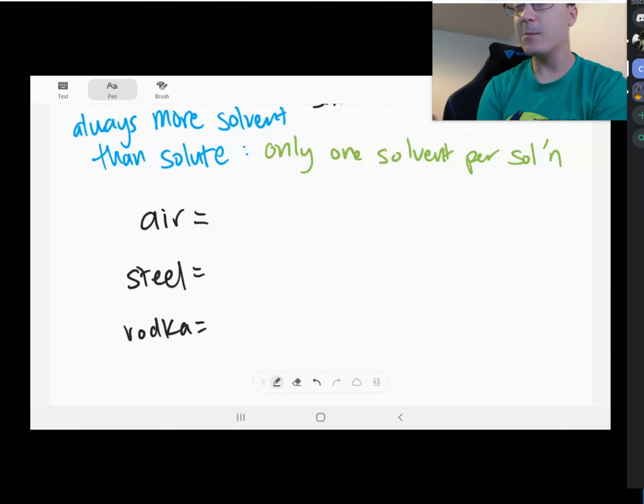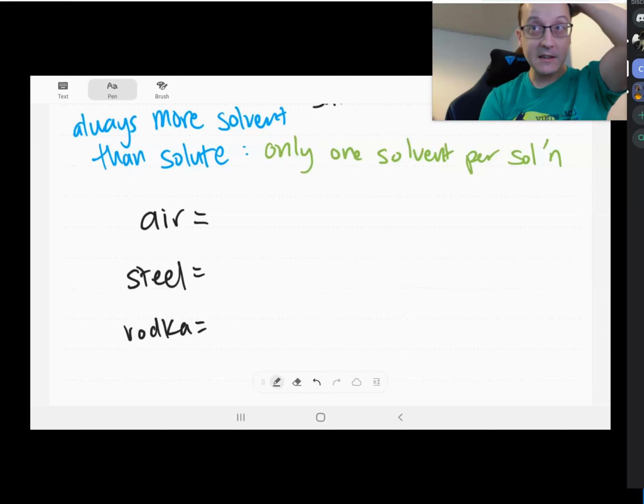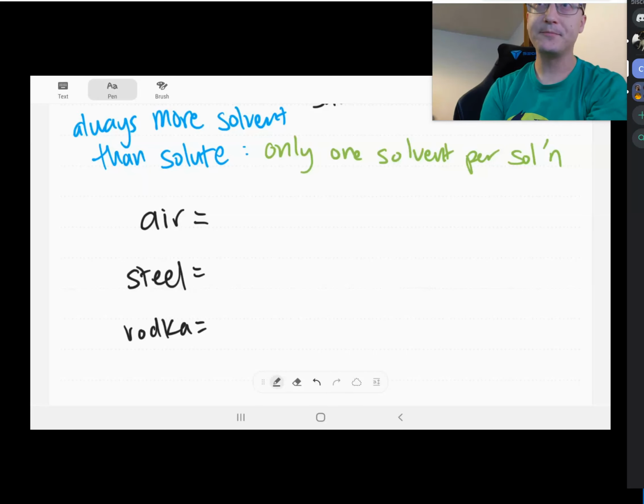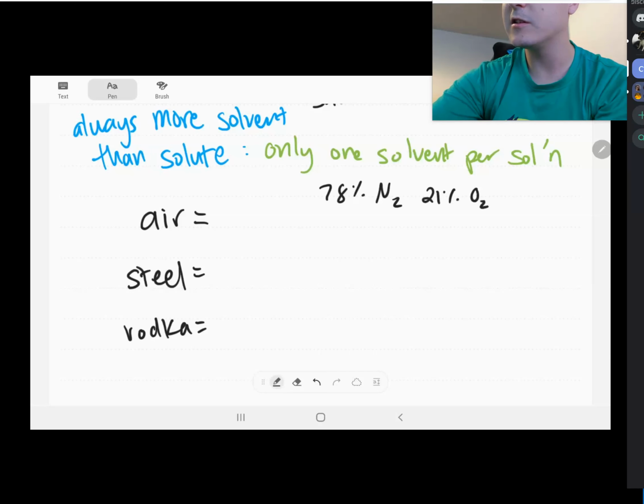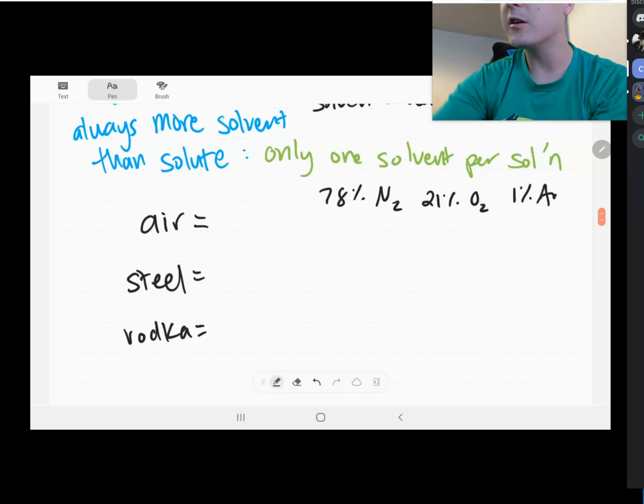Does anybody know what is in air? We briefly mentioned this in the gas chapter. Maybe just 3 of the components of air. Yes, very good. So air was about 78% nitrogen. We had 21% oxygen and 1% argon with a bunch of other random stuff also. So looking at those numbers, which one is going to be the solvent?